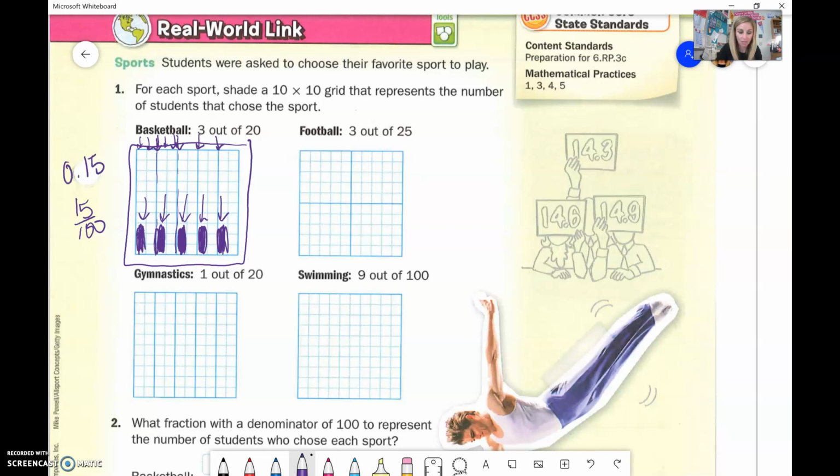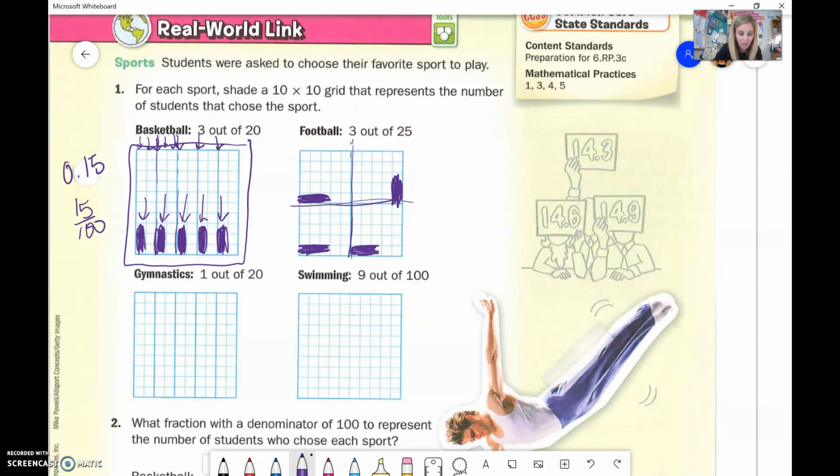Okay, now let's take a look at the 25. Notice 3 out of 25. It looks like this, and they have taken the grid and split it into fours, because 100 divided by 4 is 25. So now we're going to do 3 out of 25, like football. There's 3, there's 1, 2, 3, 1, 2, 3, and we're going to do 1, 2, 3 this way. It doesn't matter.